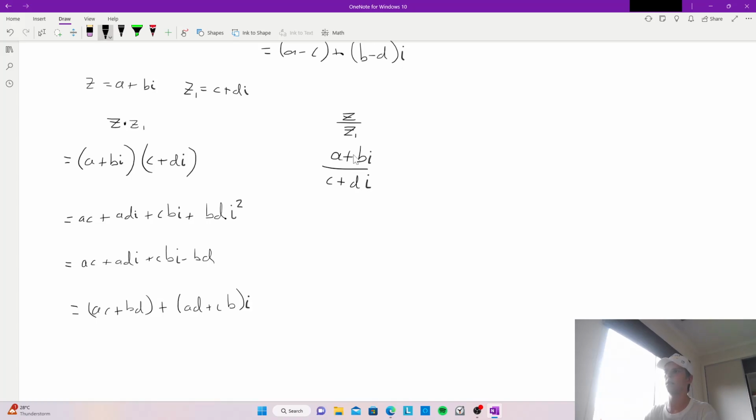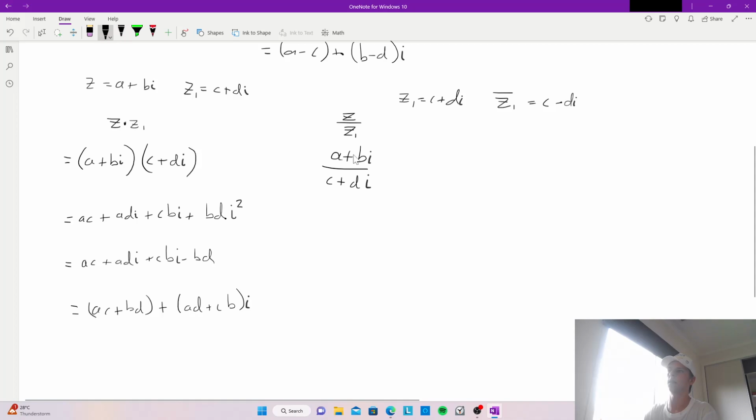Then to actually simplify this further, you have to multiply this entire fraction by the conjugate of Z1, which is your denominator. And the conjugate of a complex number is literally just changing the sign next to the imaginary part. So if Z1 is equal to C plus Di, our conjugate, which is denoted by a line on the top, is going to be equal to C minus Di.